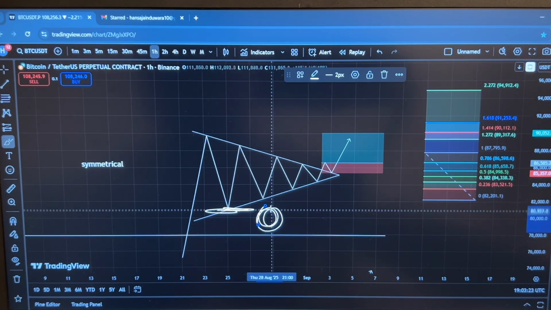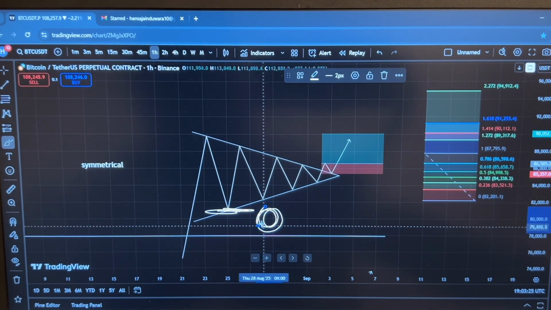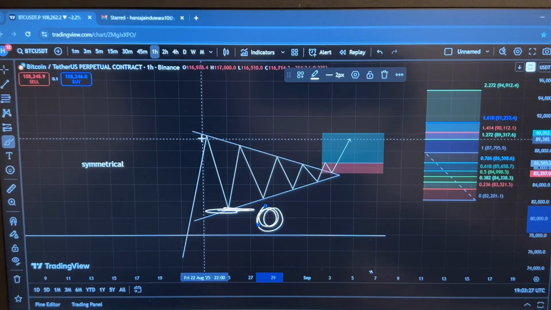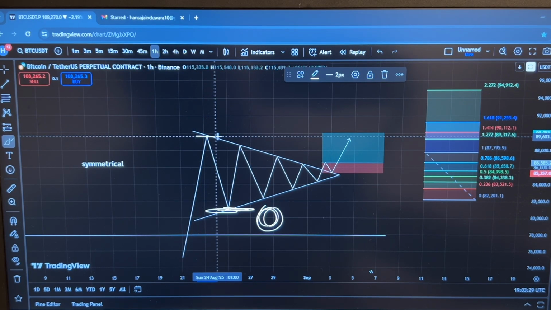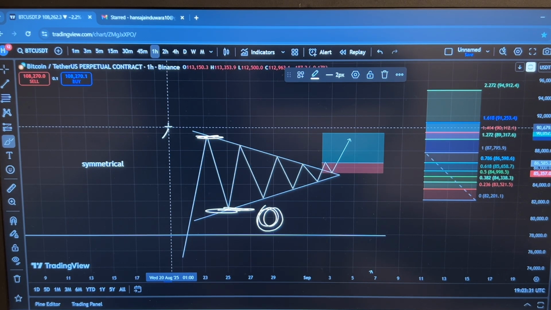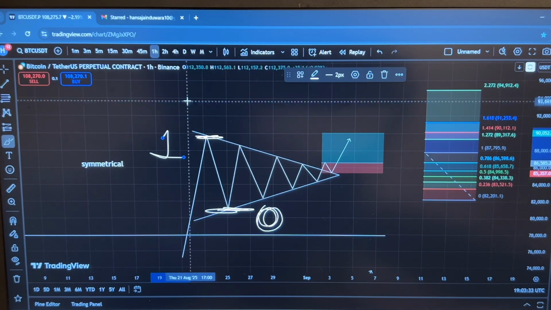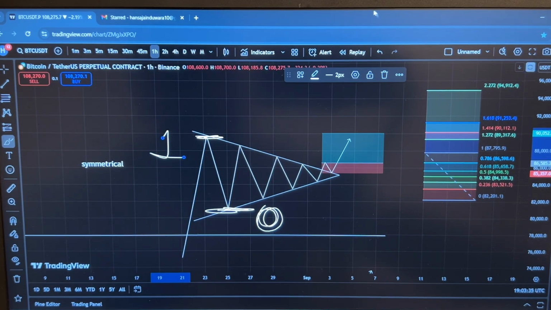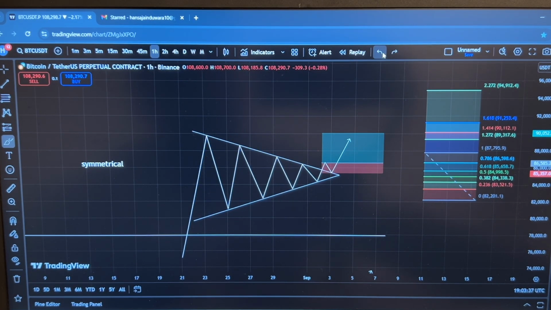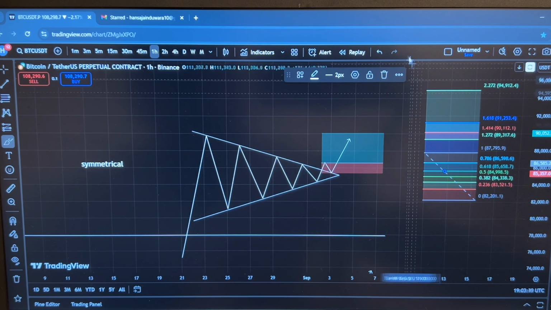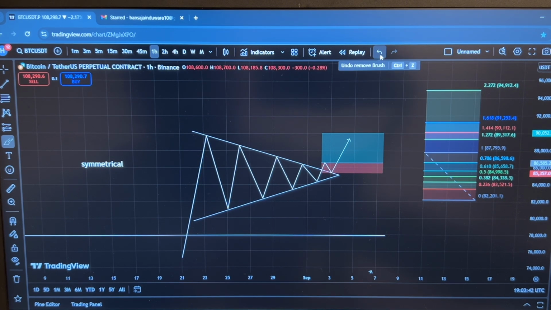This is going to be a 0, and then we are going to drag the Fibonacci level and put the number 1 level to the first high. This is going to be your levels. So let me use the actual Fibonacci tool.